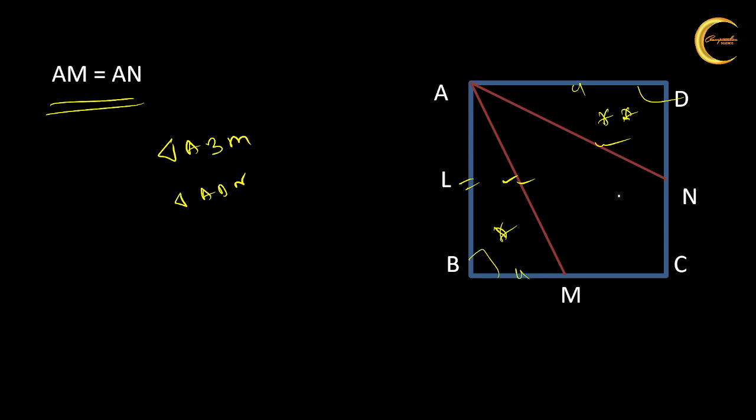And this line, this BM equals DN. So again we can easily say this triangle ABM equals triangle ADN. Actually I have not written in detail, but you can easily understand that these two triangles are equal in all respects, so that you can say this AM line equals this AN line.